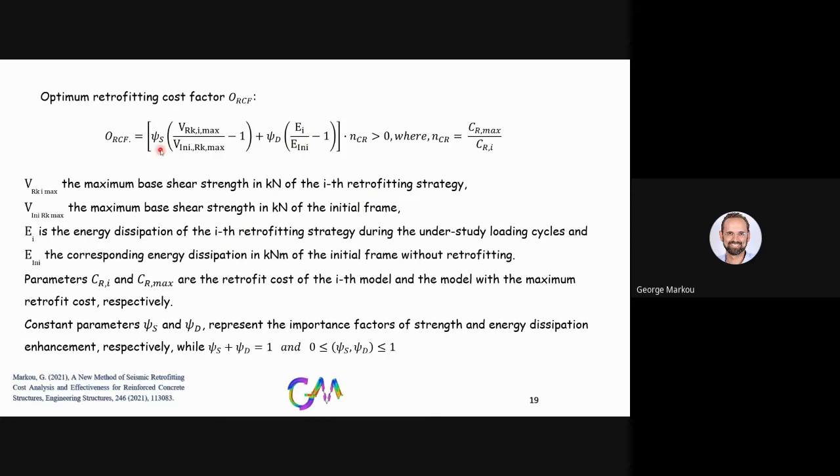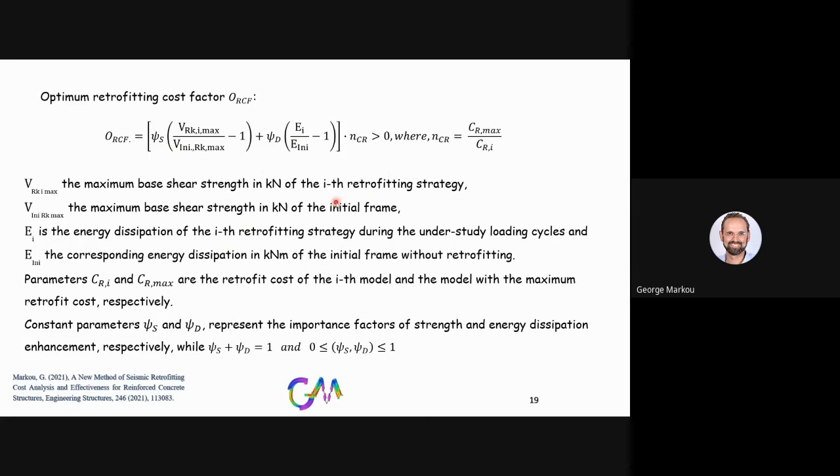And of course, these CS and CD are two parameters that represent the importance in terms of strength and energy dissipation. This means, what's more important to me, to have a higher strength, or is it more important to develop and design a structure that will derive an advanced energy dissipation enhancement?